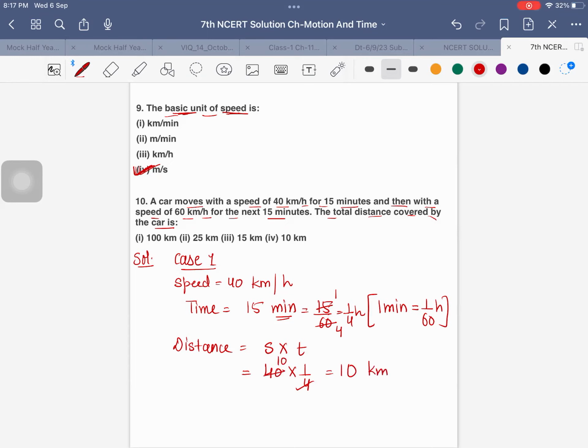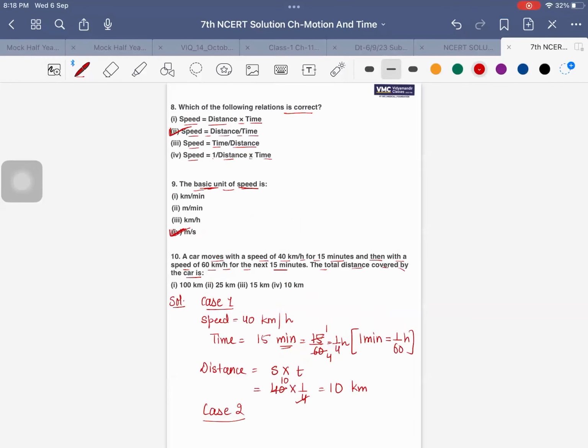In case 2, again speed is 60 kilometers per hour, time is 15 minutes, which is equal to 1 upon 4 hour. Distance should be 60 multiplied by 1 upon 4. So we get 15 kilometers. So the total distance we can get by adding these two values. So 10 plus 15, the answer is 25 kilometers.